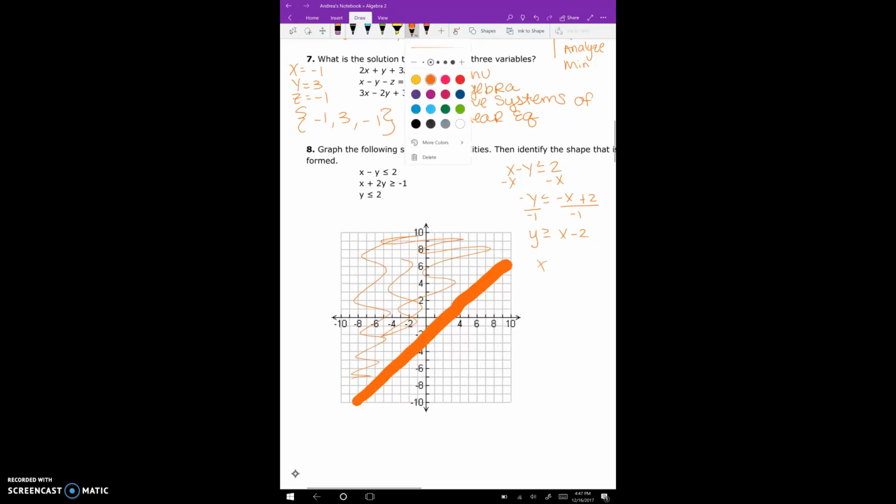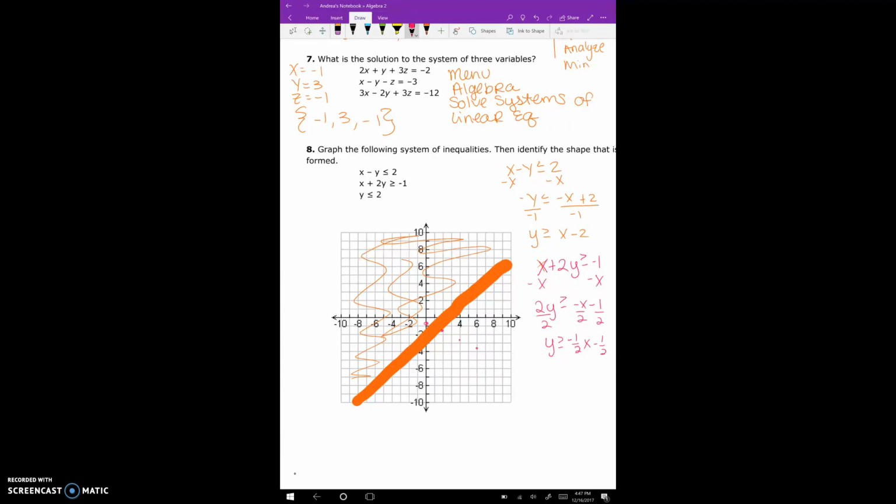The next one is x plus 2y is greater than or equal to -1. I'm going to solve for y. So I have 2y is greater than or equal to -x minus 1. Notice I'm not going to actually switch it because I didn't divide by a negative. I divided by a positive. So -1/2 x minus 1/2. So I'm going to start at -1/2 and go down 1 over 2, down 1 over 2, down 1 over 2.